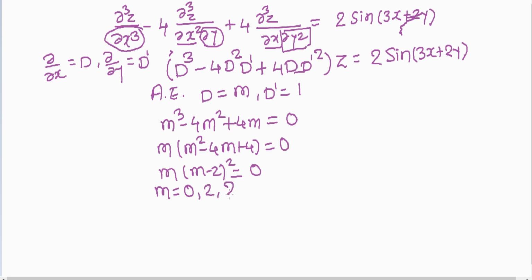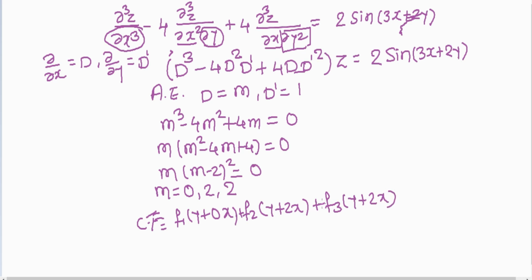Therefore, the complementary function is f1 of (y plus 0x) plus f2 of (y plus 2x) plus x times f3 of (y plus 2x), where x appears due to repetition of the root.